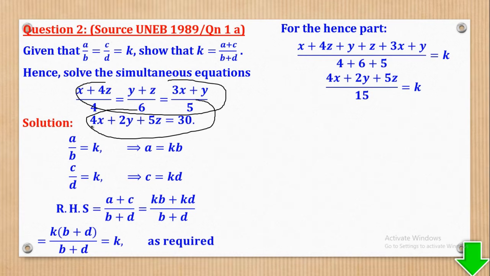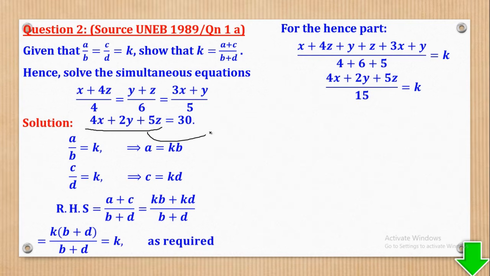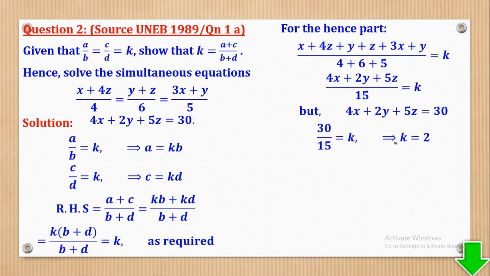You realize that 4x plus 2y plus 5z is the same as this numerator. So what does that mean? It means that where there is this numerator, you are going to replace it with this 30. So come and replace it with 30 and be able to come up with that expression. Therefore K is equal to 2.